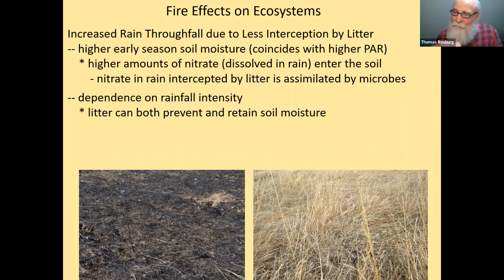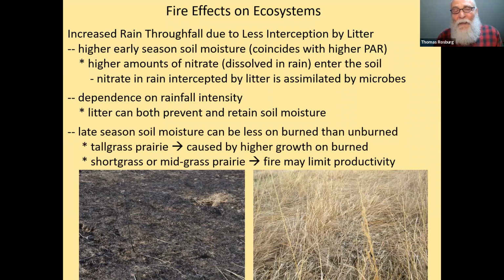So how much of this is happening in either way depends somewhat on rainfall intensity. The greater the amount of rain and the more intense the rain, of course, the more of that rain is going to get through the litter and get down to the soil. But if you're having just light rainfalls of a half inch to three-quarters of an inch or something like that, then I think there will be a considerable amount of interception.